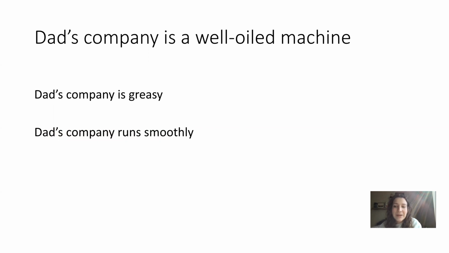Dad's company is a well-oiled machine. All right, so our options here is, does that mean Dad's company is greasy or Dad's company runs smoothly? Let's think of a well-oiled machine. A well-oiled machine is in fact greasy. However, that's a very literal interpretation of this sentence.